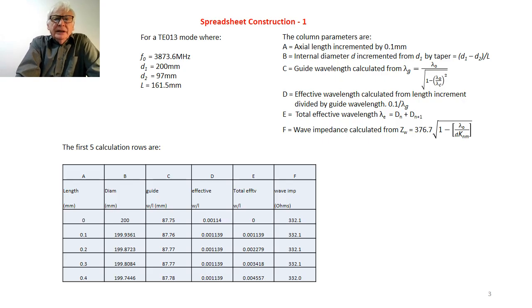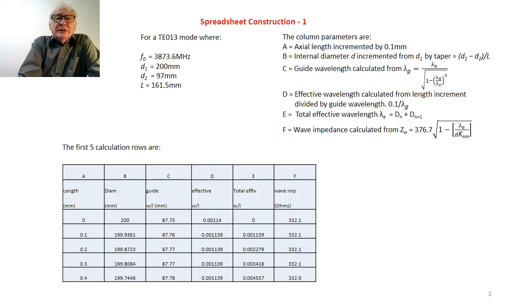Column A is essentially the input to the spreadsheet, and it is the axial length as we work down from the large end plate, and this is incremented at each row by 0.1 millimeters. So if you like, this sets the initial tolerance for the design calculation itself.